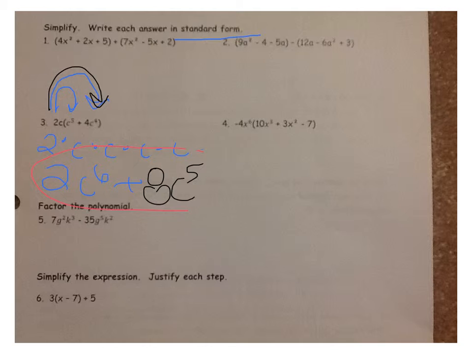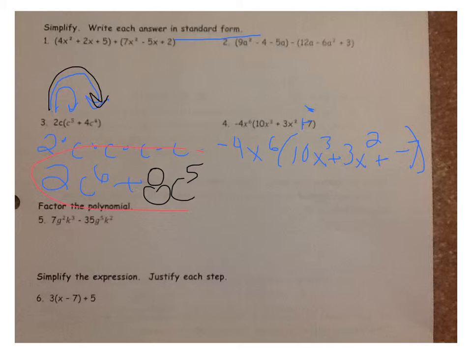Now, before I even start, I see a minus sign, and I know I'm using distributive property, so I'm automatically going to make that plus a negative 7. So let's go ahead and rewrite that. Negative 4x to the 6th times 10x to the 3rd plus 3x squared plus negative 7.